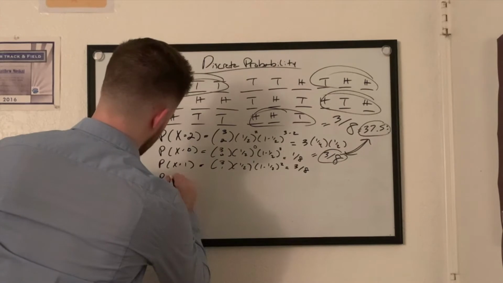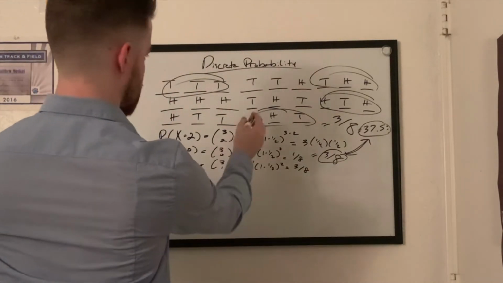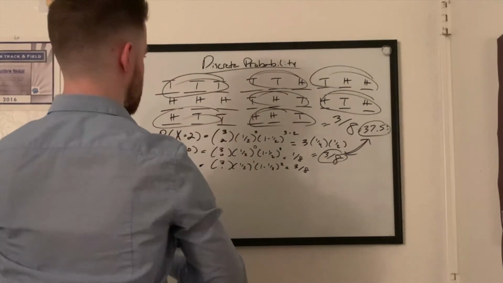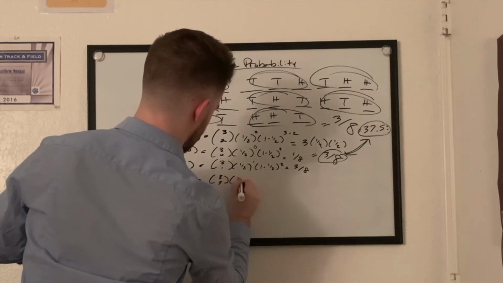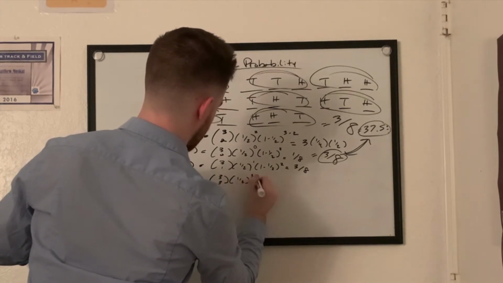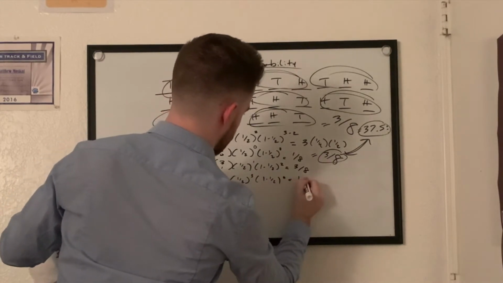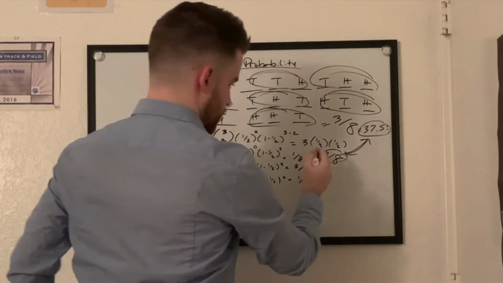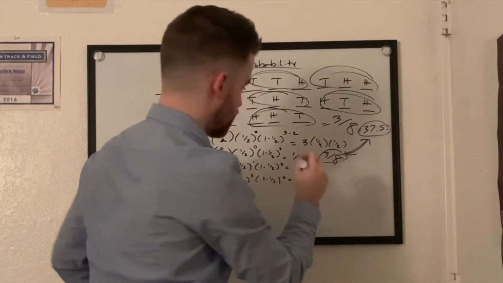And the probability x equals 3. And you can see that here's 1 head, here's 1 head, here's 1 head. This is going to be 3 choose 3, 1/2 cubed, 1 minus 1/2 to the 0. We're going to get 1/8. You can see right here, 3 heads. 3 plus 1 is 4, plus 3 is 7, plus 1 is 8.